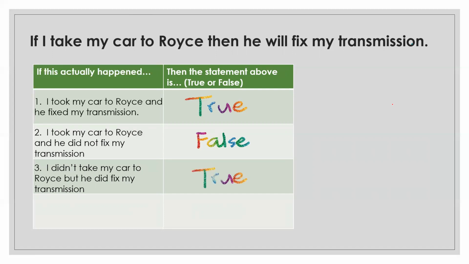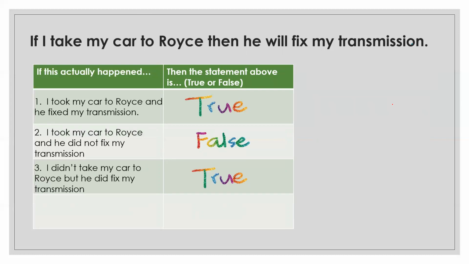I am still holding that truth in my statement because I didn't say anything about what if I didn't take my car to Royce, right? So this is kind of hard to digest, but the statement said, if I take my car to Royce.